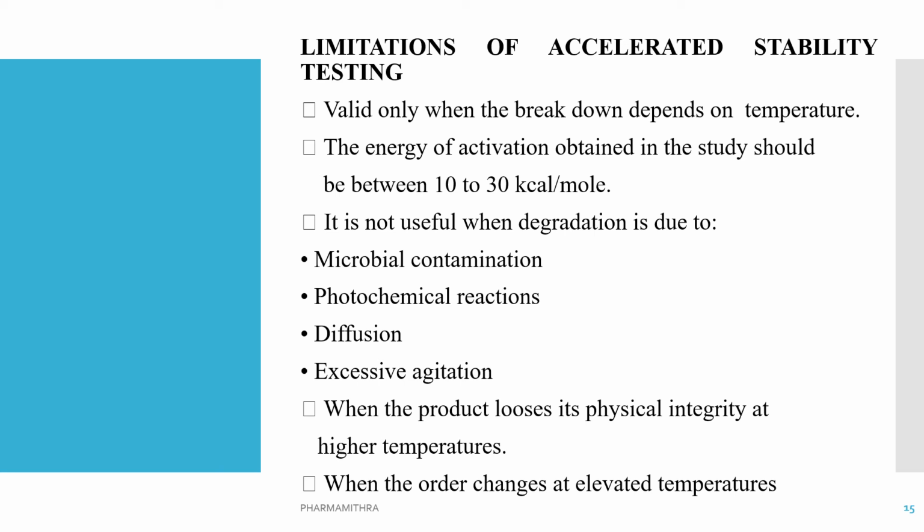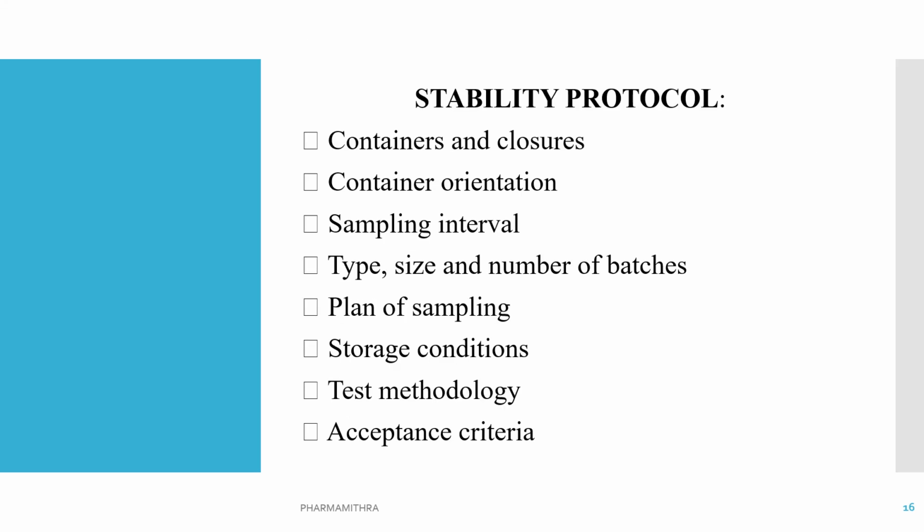But AST is not useful when the degradation is because of microbial contamination, photochemical reaction, diffusion, and in the case of excessive agitation. The product may lose its physical integrity at high temperature, and there will be chances of a change in the order at elevated temperatures.